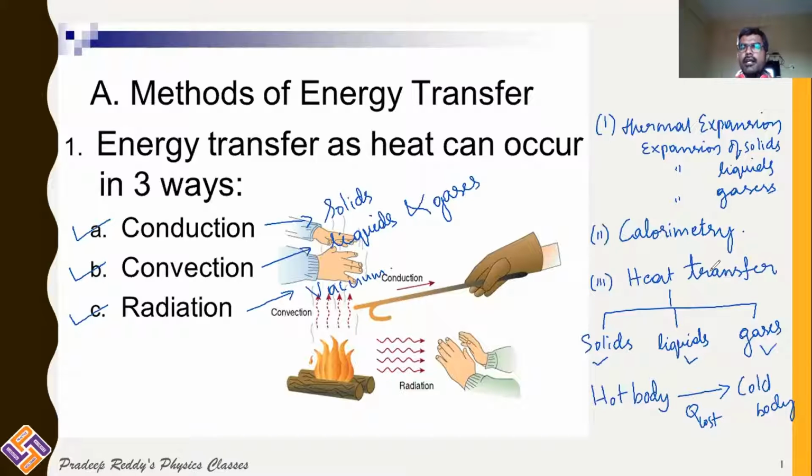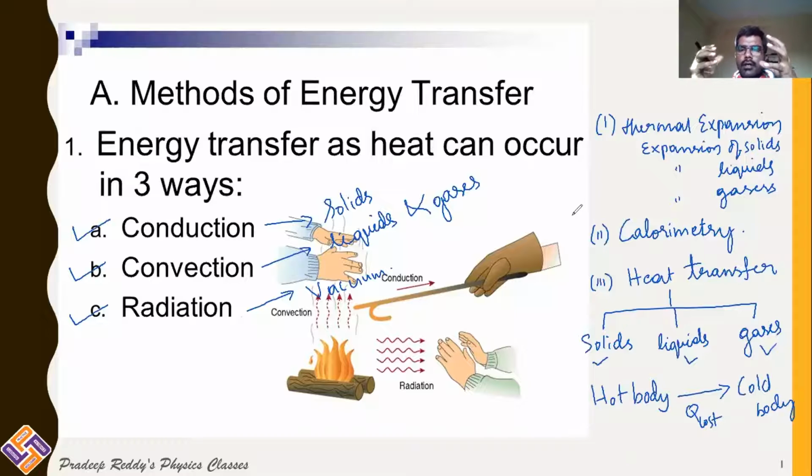So depending upon the nature of the medium, depending on the state of the medium, heat transfer can be either by the process of conduction, or by the process of convection, or by the process of radiation. In any of these three ways, heat transfer takes place.